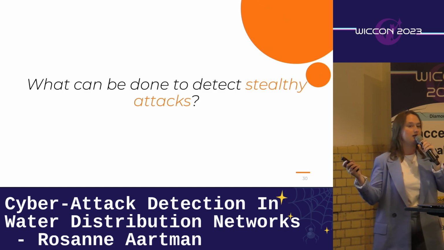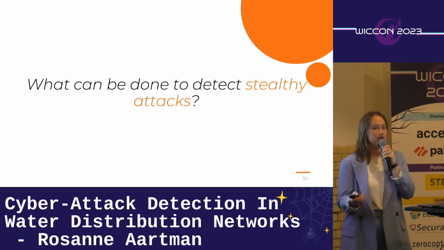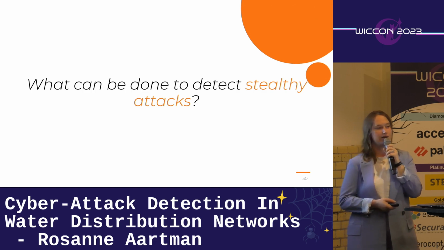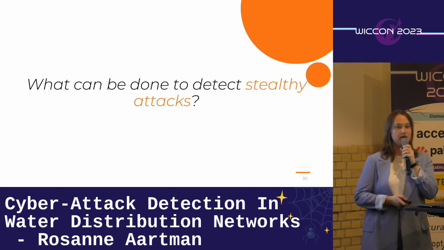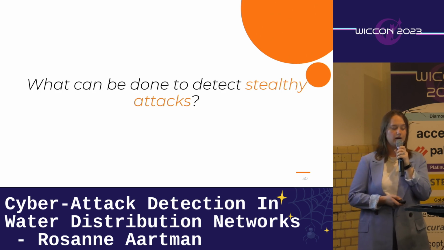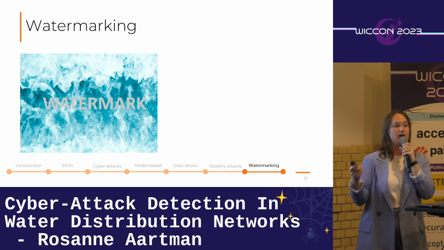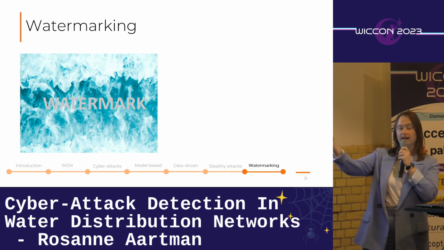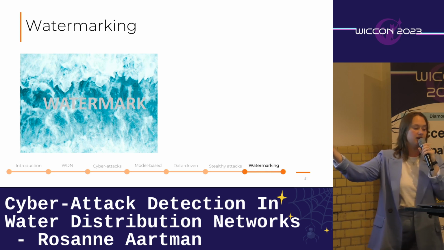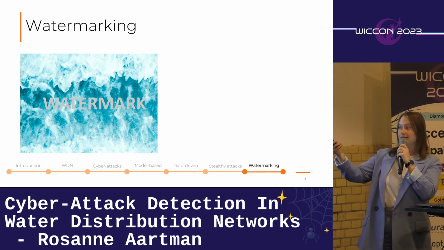So what can be done to detect these stealthy attacks? Well, the previous two methods are actually very passive, and we can do something actively to increase the integrity of our signals. And this can be done by applying a watermark. For example, on the left, you see a watermark over a picture, which some of you might have been using in the past.